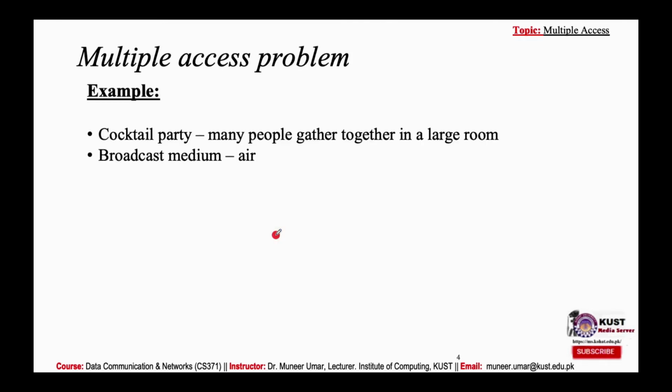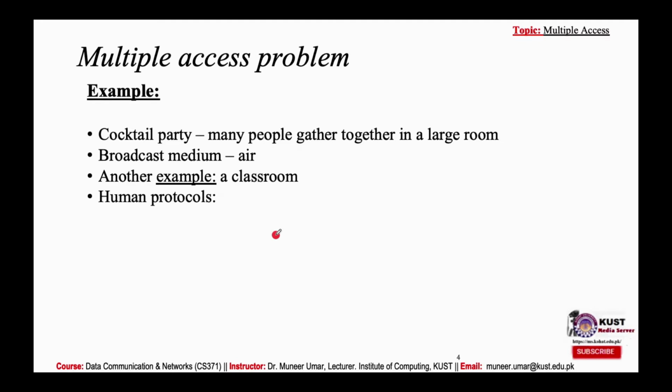Suppose we have a cocktail party where many people gather in a large room and they communicate with each other by using the air as a medium. This can also be a classroom where we have many students sitting and listening to a lecture and also participate in the class.